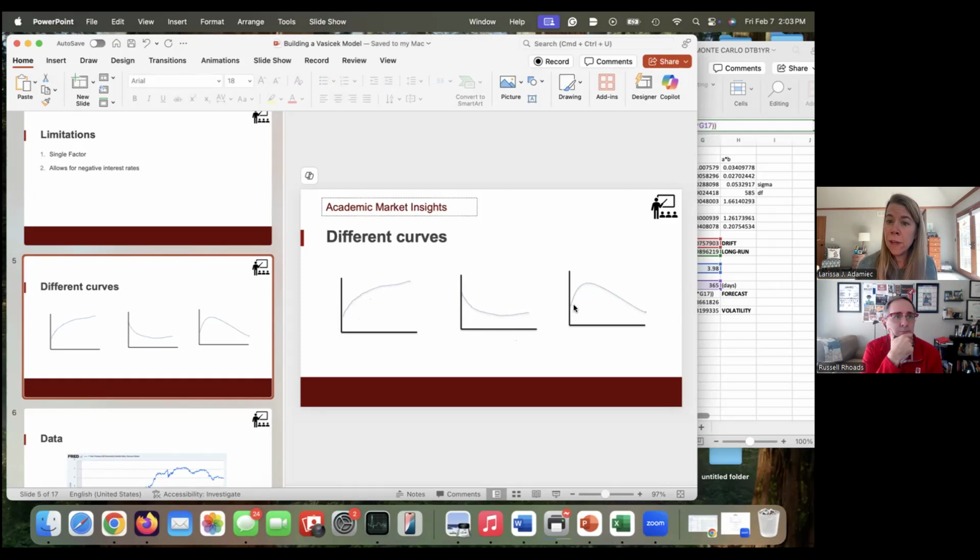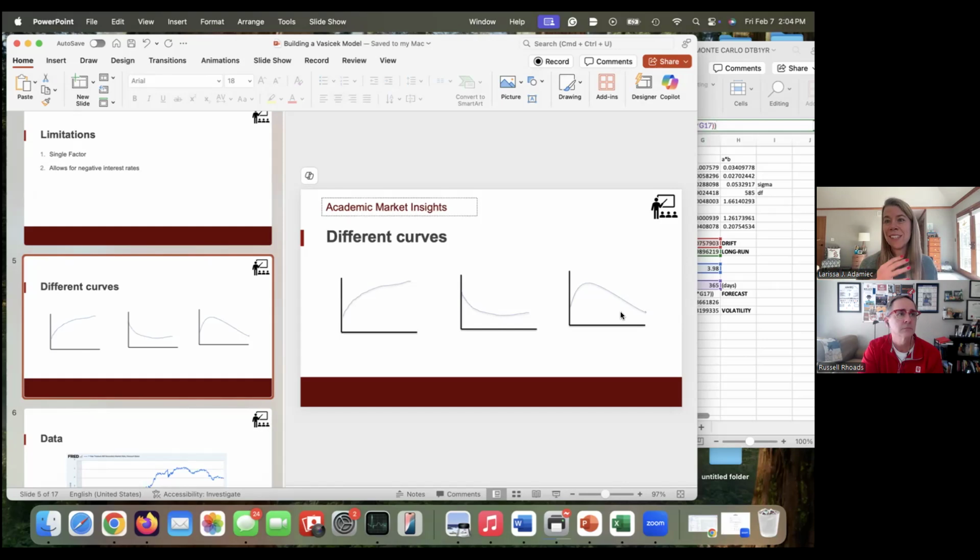These are the three types that the Vasicek model will generate, but we can have even situations where we have spikes in different rates, and we've also seen that in recent times. If you're interested in learning more, we have past videos that talk about the wonky interest rate environment that we have right now.